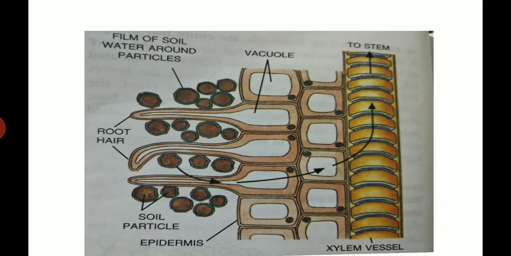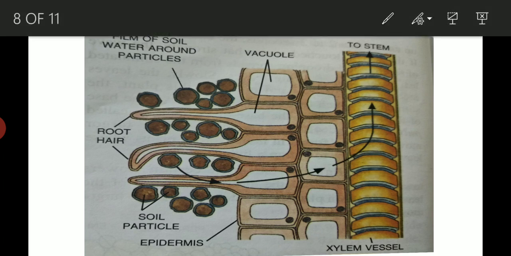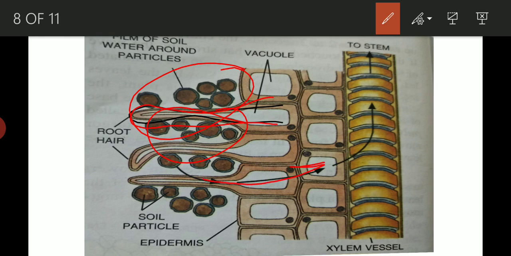Next is the root pressure. Now see, root pressure is basically the pressure which is developed in the root due to the continuous inward movement of water. The root hairs continuously absorb water and minerals from the soil. Due to this continuous inward movement, a pressure starts creating inside the root due to cell to cell osmosis.